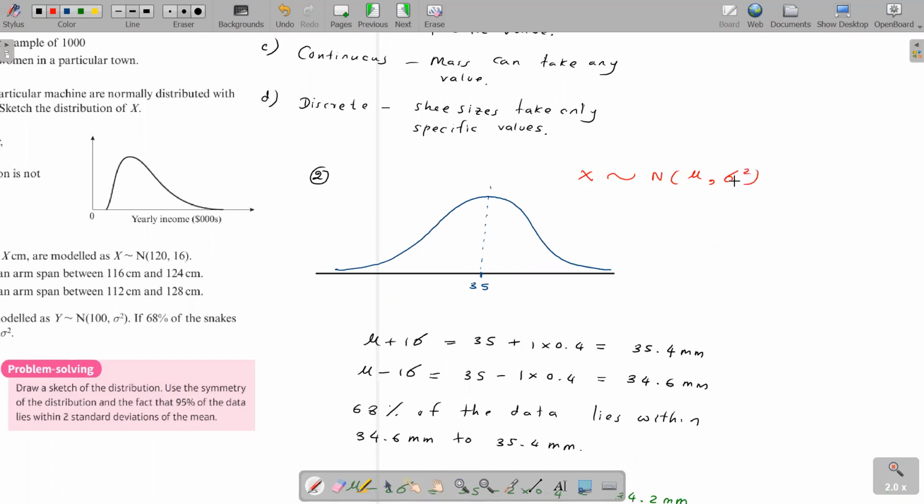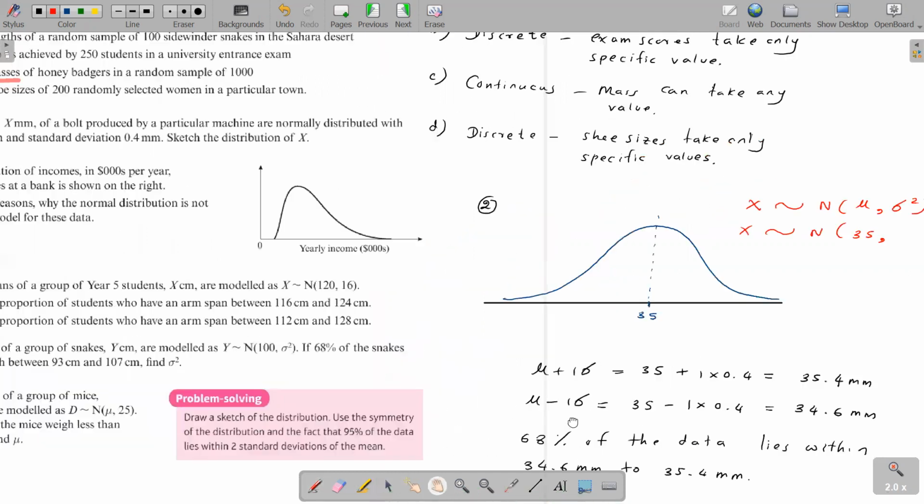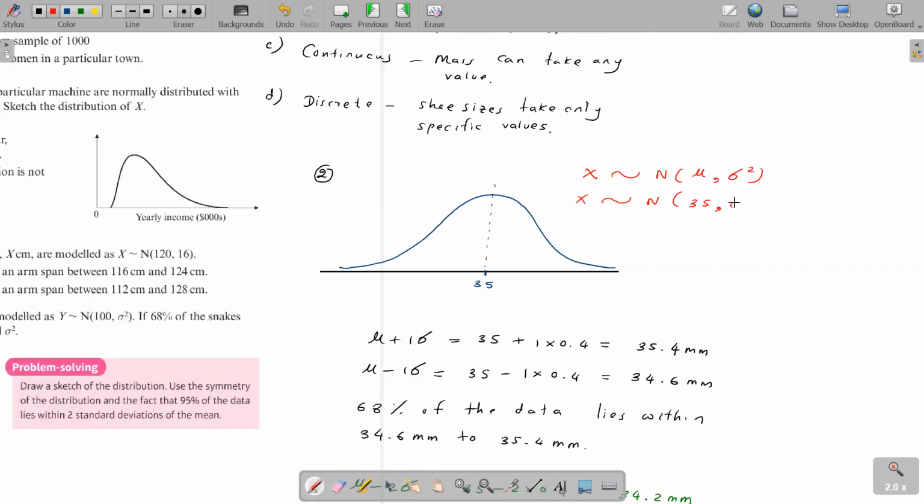This is a standard notation we use to denote that a variable follows a normal distribution. This mark means the data is following a normal distribution. Our mean was 35 and our standard deviation was 0.4, right? So sigma square means 0.4 square.